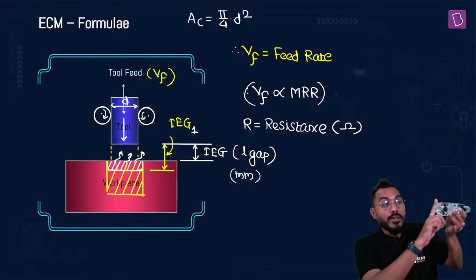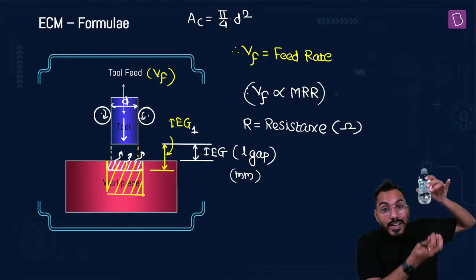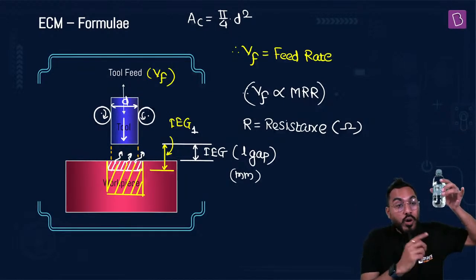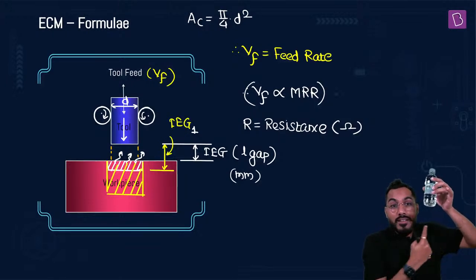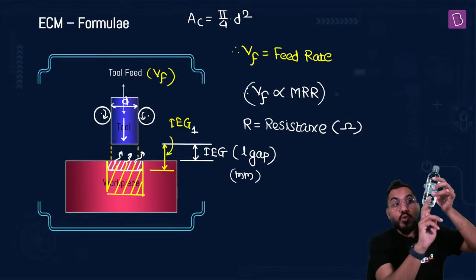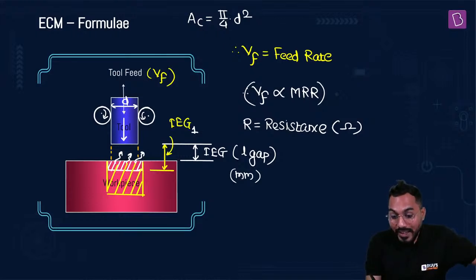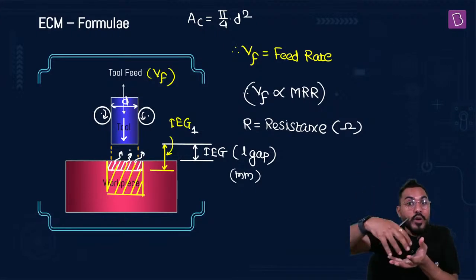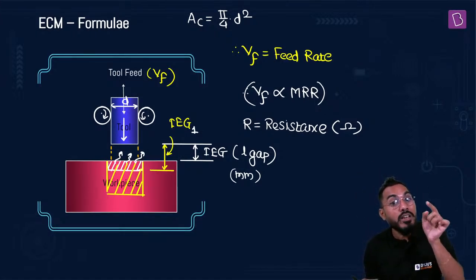Whatever the cross-section area is, through the entire cross-section area my current will flow through that open medium, the conducting electrolyte solution, and travel towards the workpiece material. Whenever current flows through that inter-electrode gap, it will feel resistance.